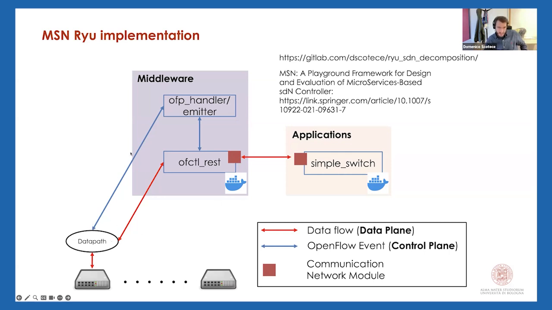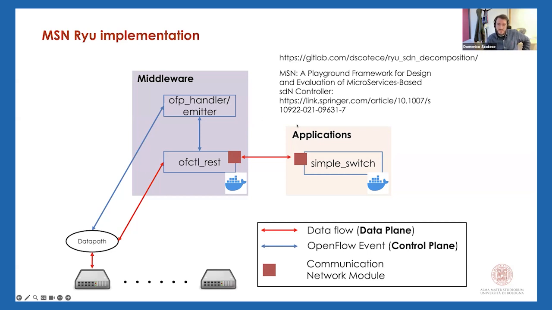As you can see, the control plane is the blue line. The event is intercepted by a specific module, and then the basic idea is to transform an event into a REST API. In this way, we can have external applications and also SDN applications.